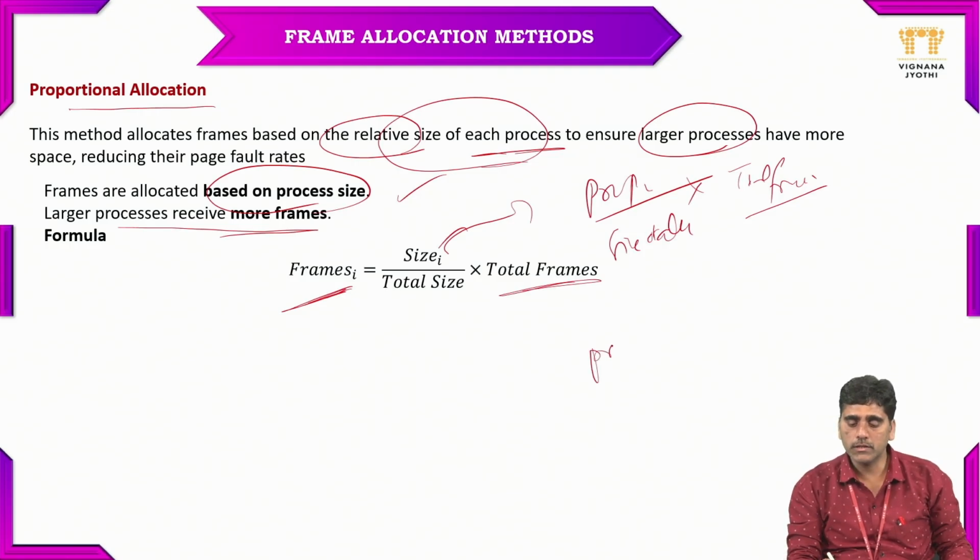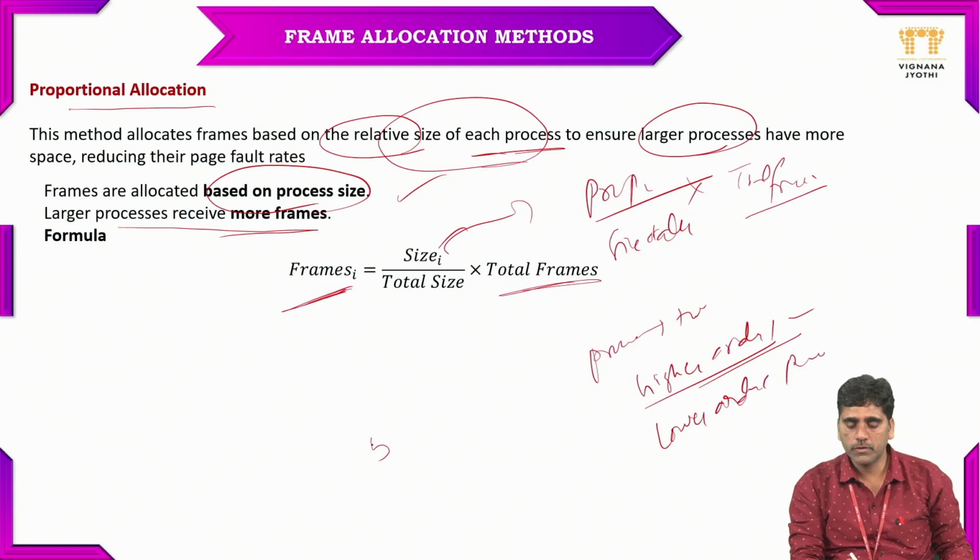The process size is of two types. One is higher order process size. The second one is lower order process size. That means if, suppose, a 50 kb process is there, if it is high, then the number of frames required for this process is more.